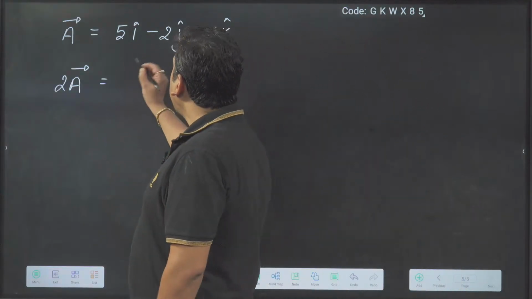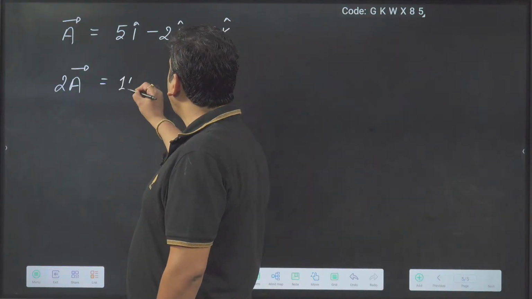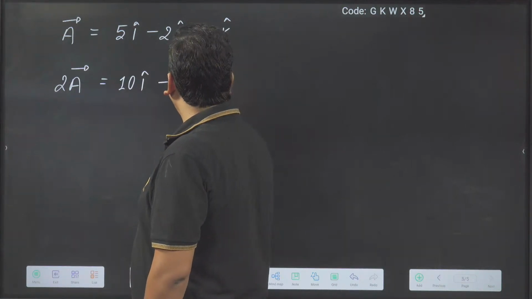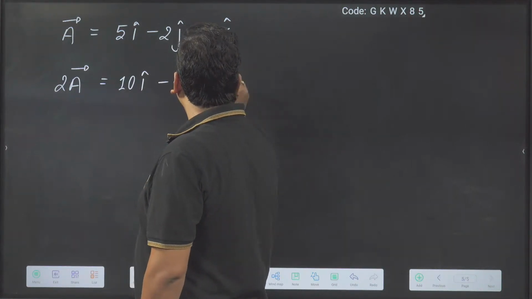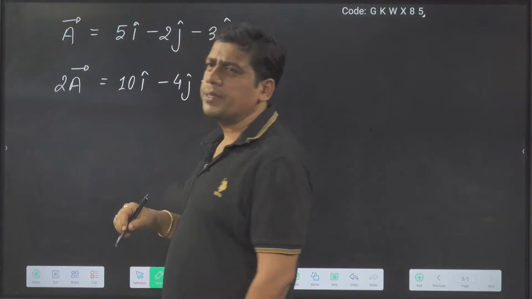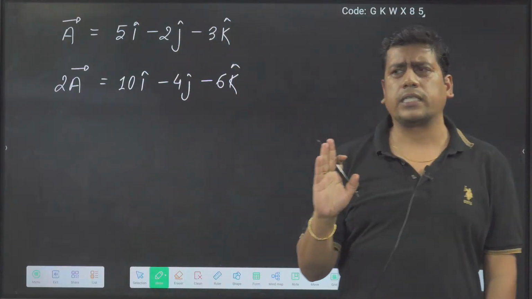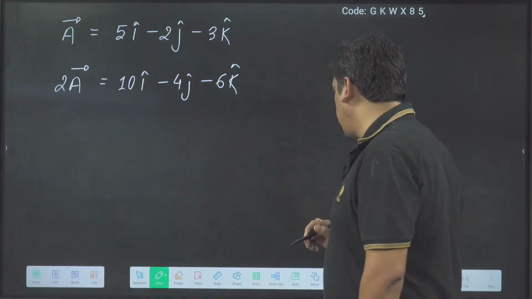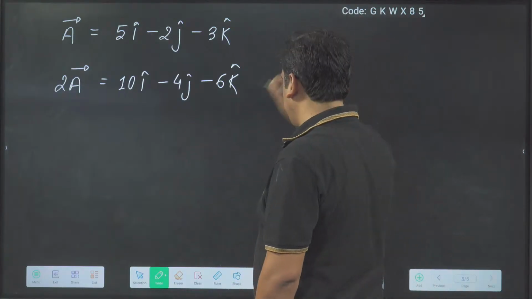Yes, multiply 2 to every term. So here multiply 2, 10i cap, multiply 2, minus 4j cap, multiply 2, minus 6k cap. So 2a vector will be this, some simple maths. No doubt? Okay, if no doubt, then let's move ahead.